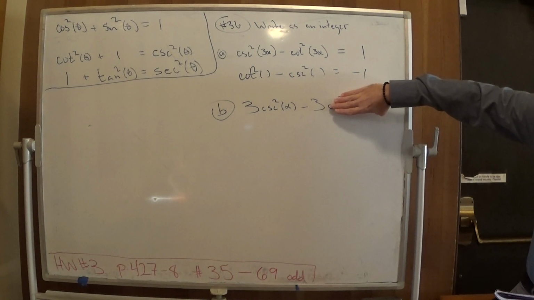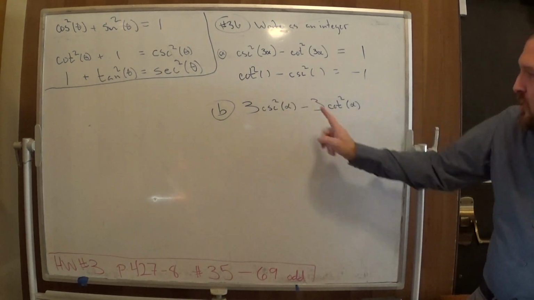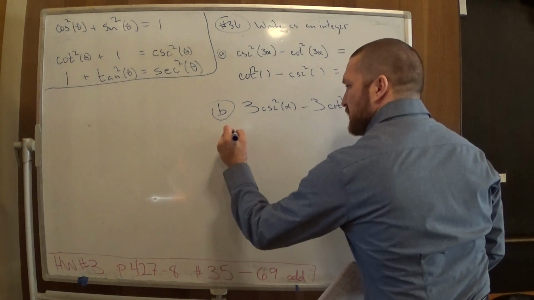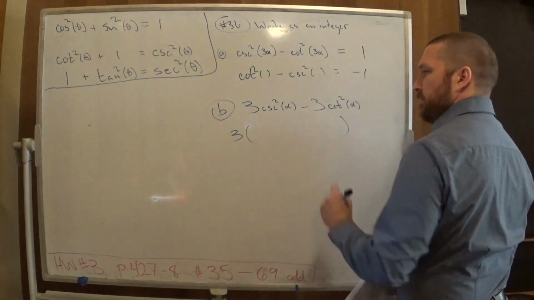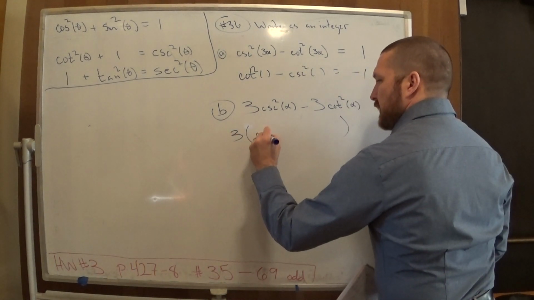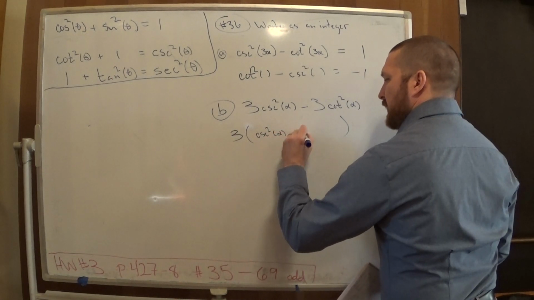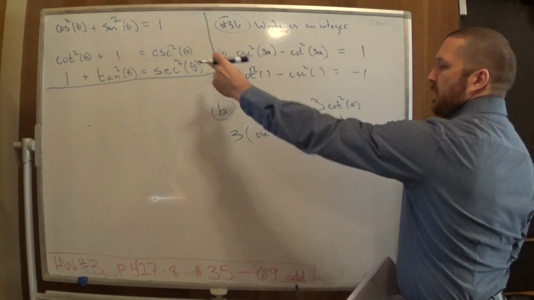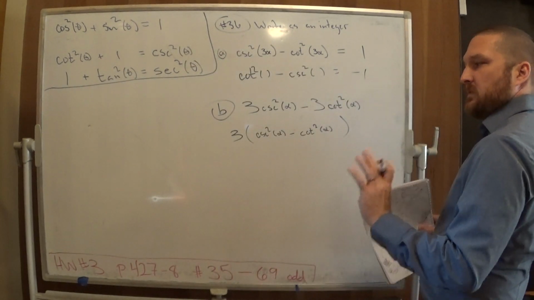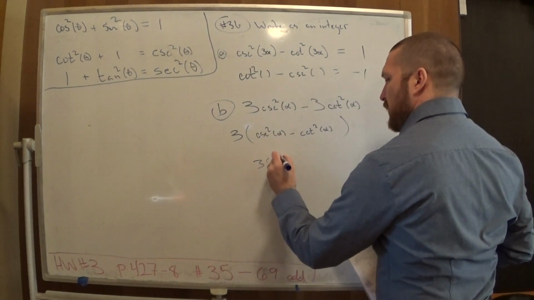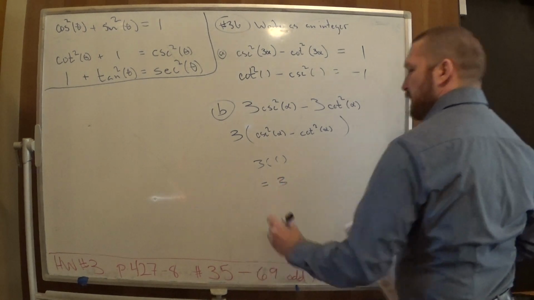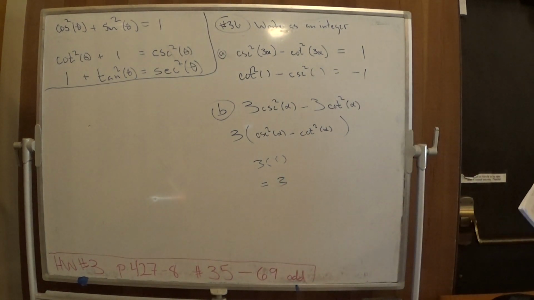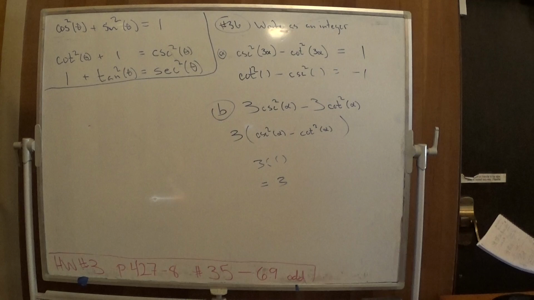You could pull the 3 out, just the same way you would with anything else, and you have cosecant squared alpha minus cotan squared alpha. And you say, yeah, okay, it's not -1. It's going to have to be the 1, so that's 3 times 1. And so the integer is 3. That's pretty simple.